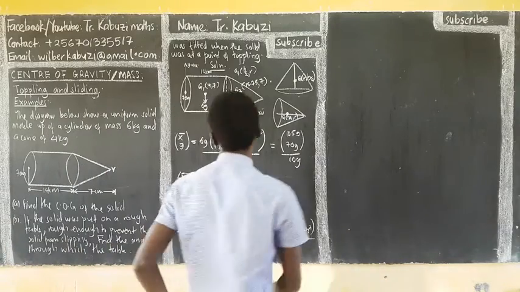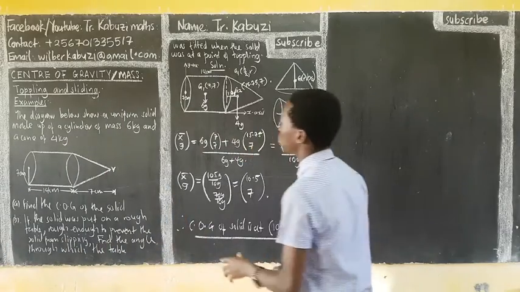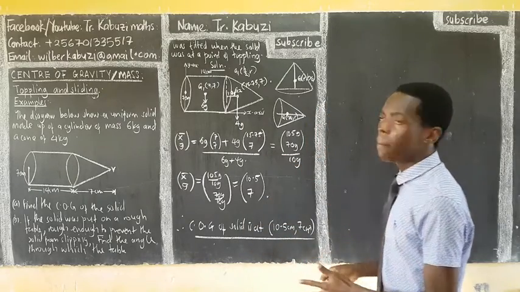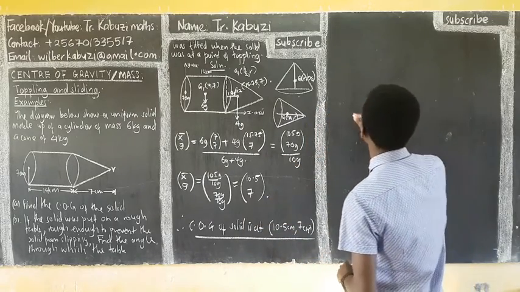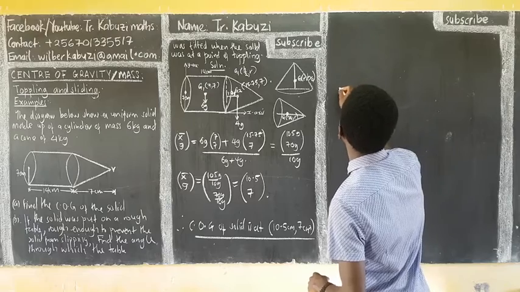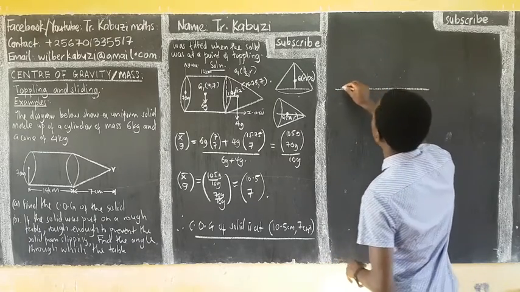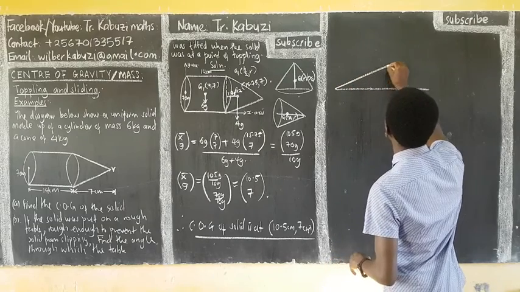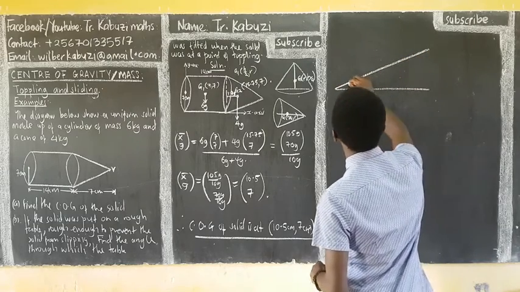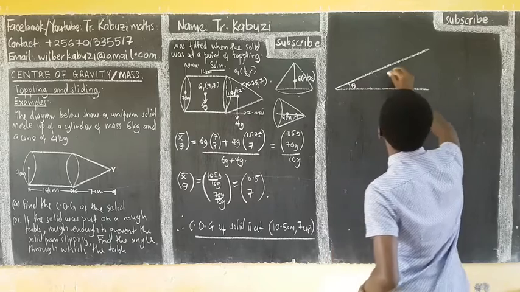Now, the next idea, they are pressing this solid. Of course, to press it, we are going to put it upright. So if we put it upright, this is the case we are going to be having. This is my horizontal, and then we are tilting this at a certain angle, which we want, which is theta.